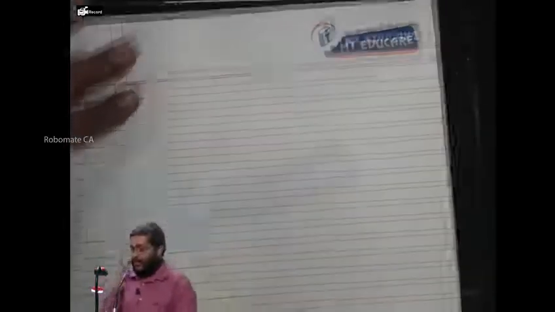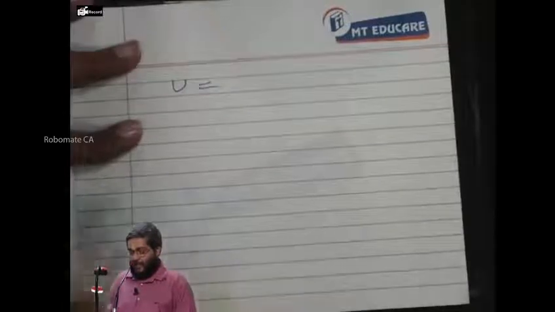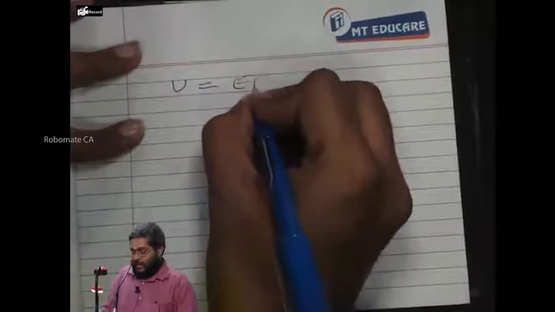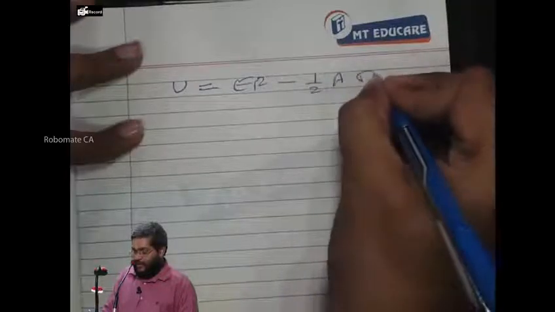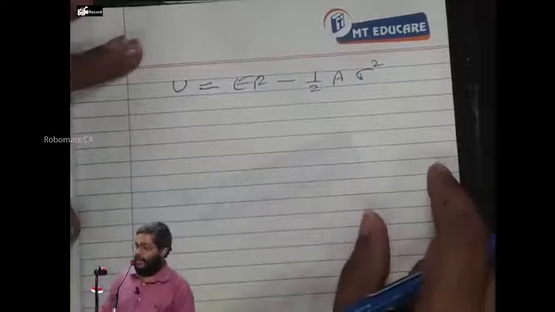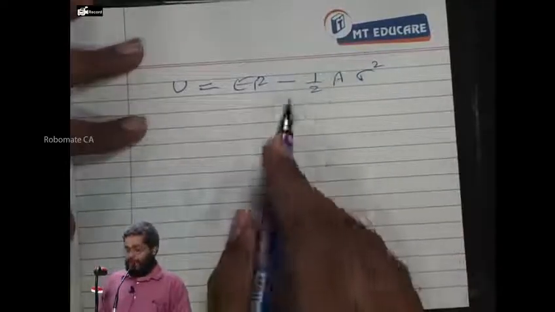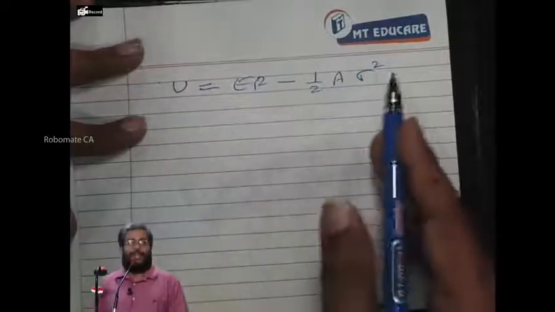Now, next. Please write the formula. U is equal to what? ER minus half into A into sigma square. Some books write half as 0.5, that 0.5 into A into sigma square. Both are the same.